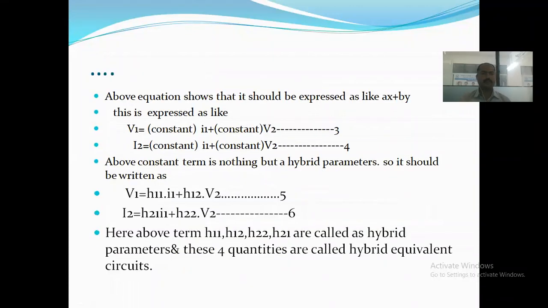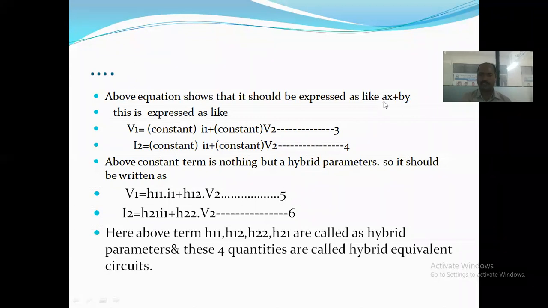Now see, we have seen the equation Z is equal to ax plus by, right? In this equation, a is a constant term, b is a constant term, x indicates the x variable, y indicates the y variable.